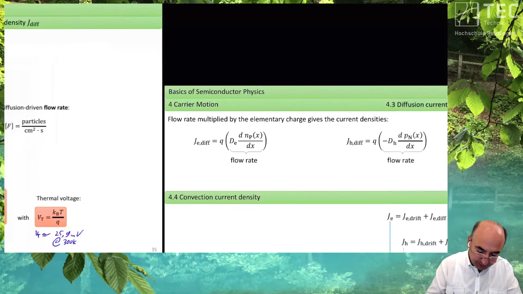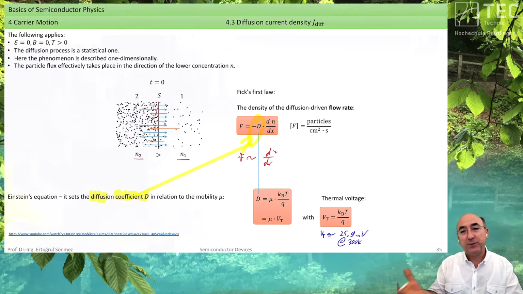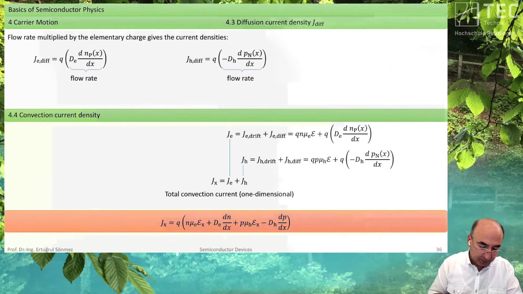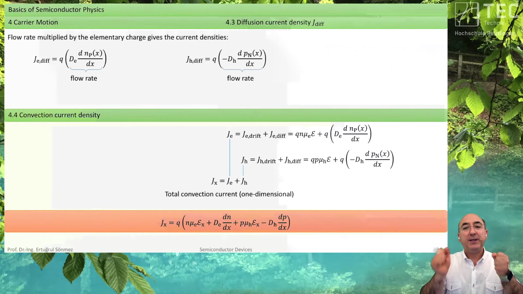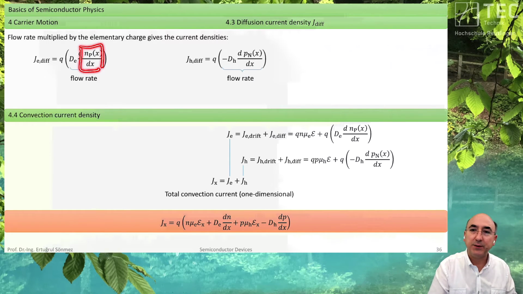Because what is flowing from here to there? Electrons, for instance. And if electrons flow, you have a current. So the origin of a current doesn't need to be the electric field. It can be just the concentration difference at different locations.